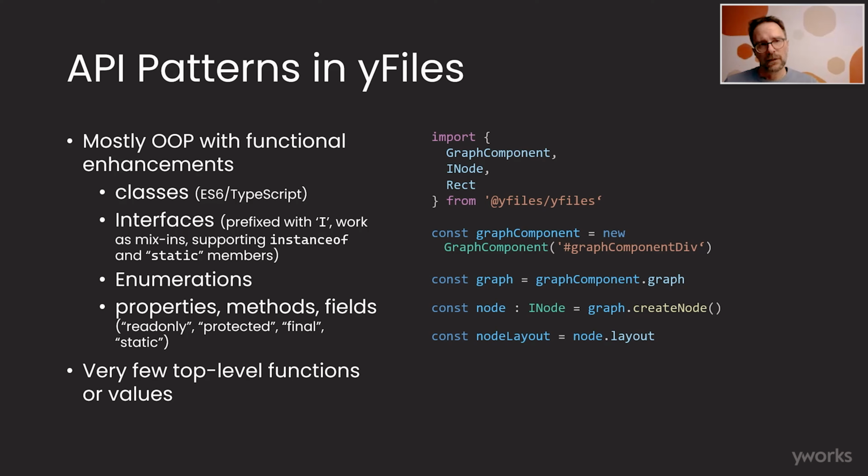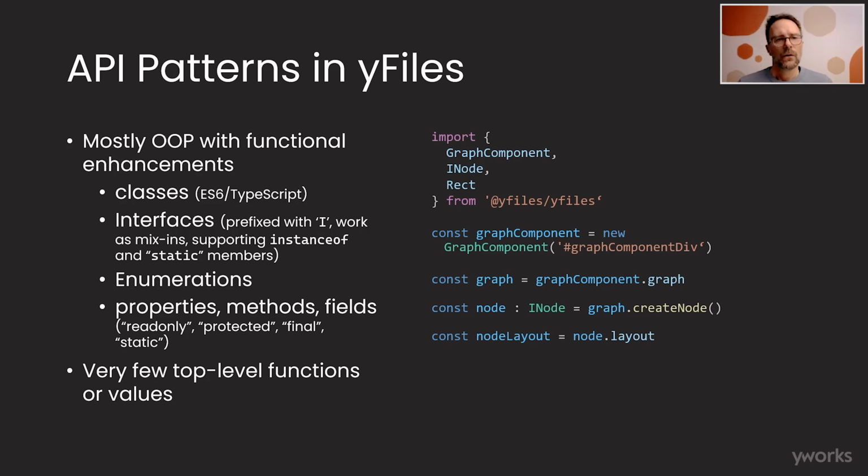This also means that many of these interfaces can have static members, meaning you can do INode dot something, because there may be some statics, some constants declared on the interfaces. This also helps with the structuring of the API. So you have very few top-level functions or values. Most of the values and functions are part of classes, interfaces, or enumerations.